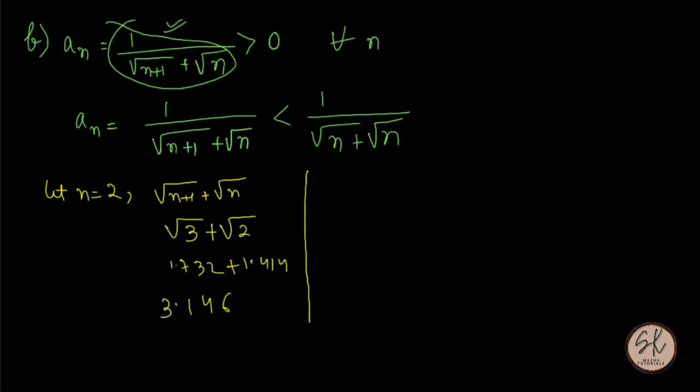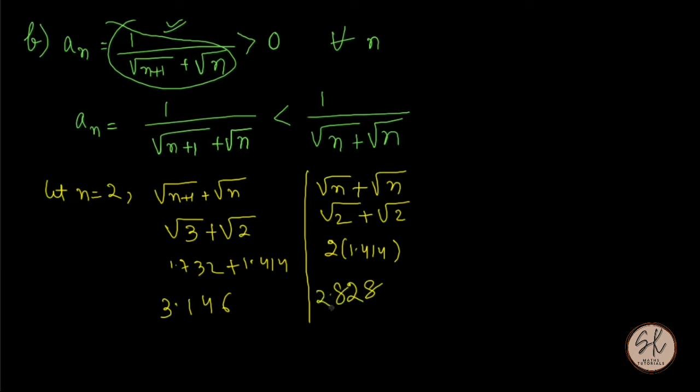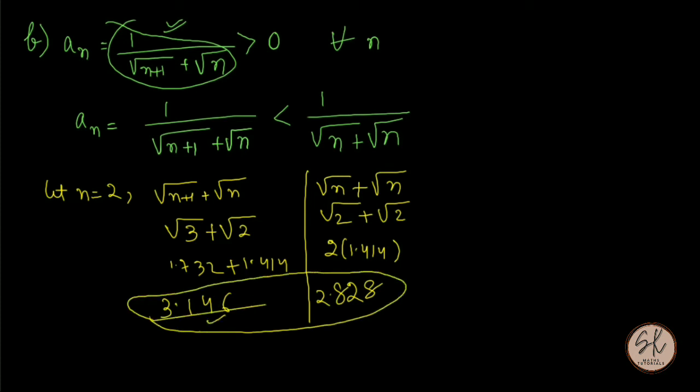And √n + √n means √2 + √2, that is twice 1.414, which is 2.828. So this value is greater than this value, and 1/2.828 is greater than 1/3.146.